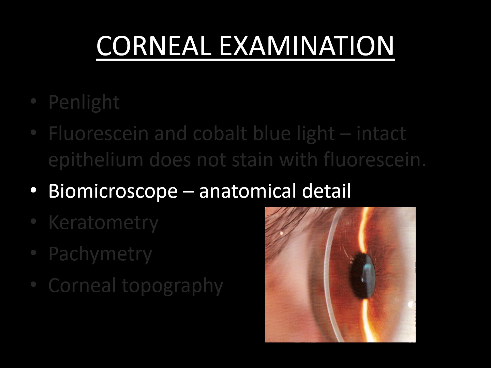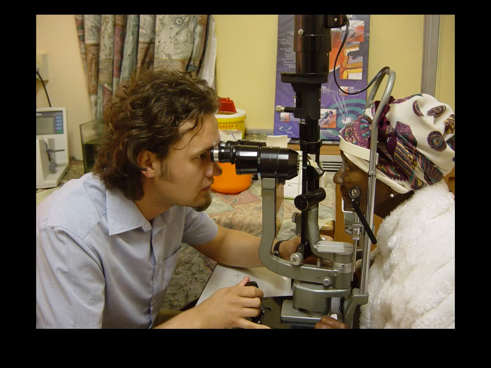If you put it on a really high magnification with the slit lamp, one can very clearly see the different layers of the cornea, and that helps us as ophthalmologists to determine on which layer or what level pathology is present. So here's just another picture of the slit lamp, and we would usually do slit lamp examination in a darkened room, just here to show how it is used.